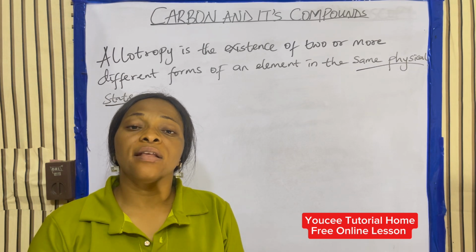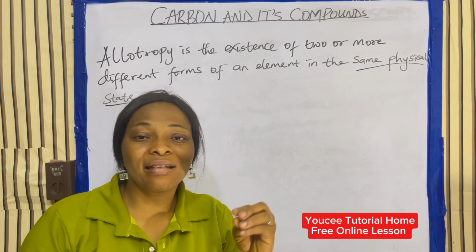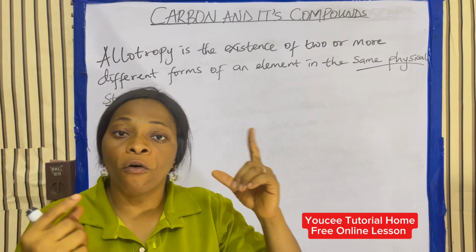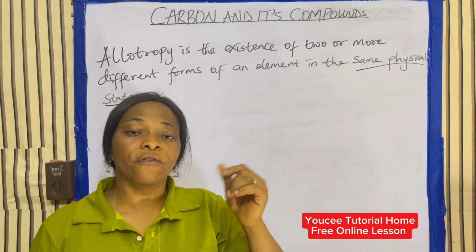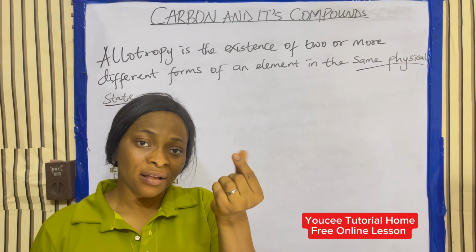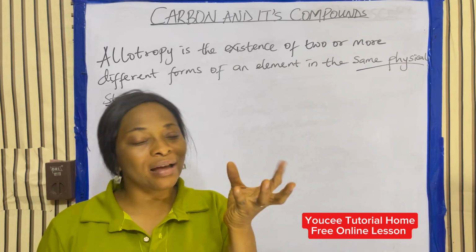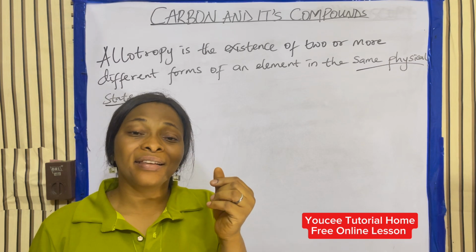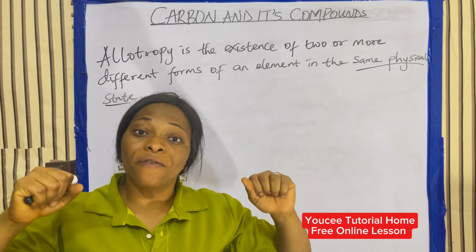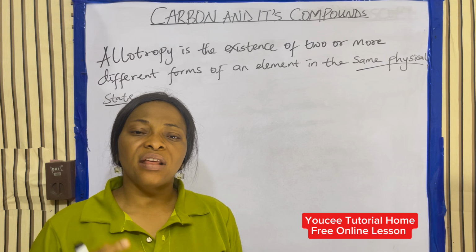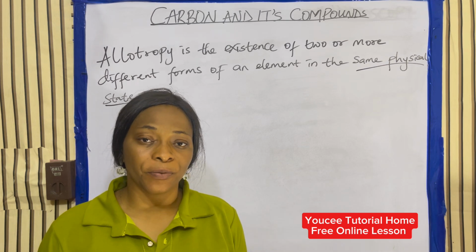All those things are carbon, but they exist in different forms. The ash is powdered, the charcoal is kind of granulated, and diamond is very strong. So these are what we refer to as allotropy.